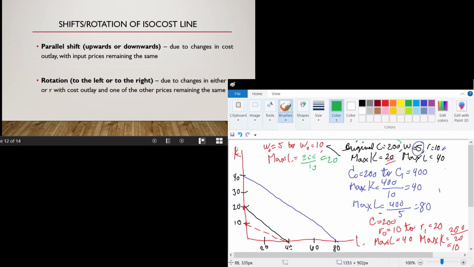Okay? So, eto naman siya ngayon. Nag-rotate. Okay. So, yan yung parallel shift and rotation of the isocost line given the changes in either cost with input prices remaining the same or changes in either W or R with cost outlay and one of the other prices remaining the same. Okay.